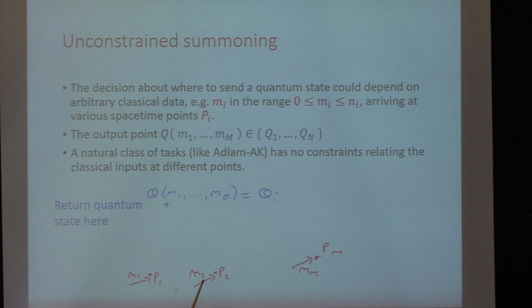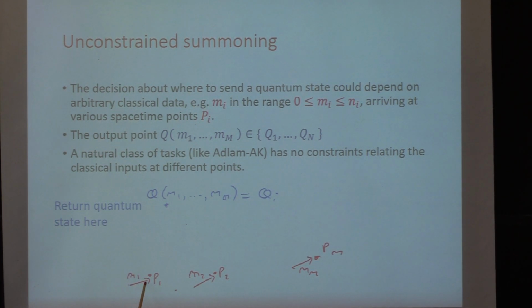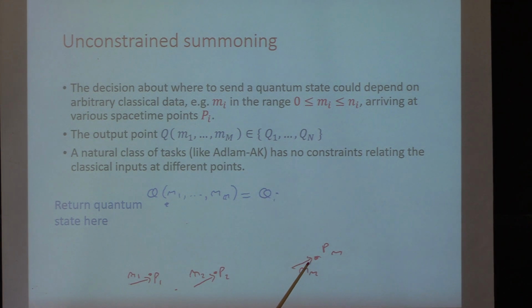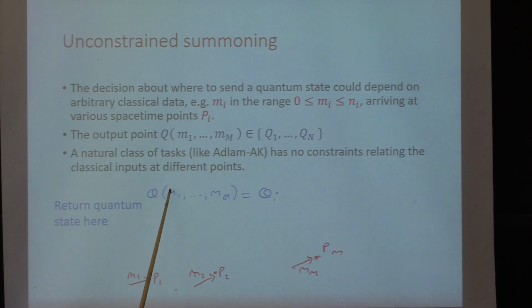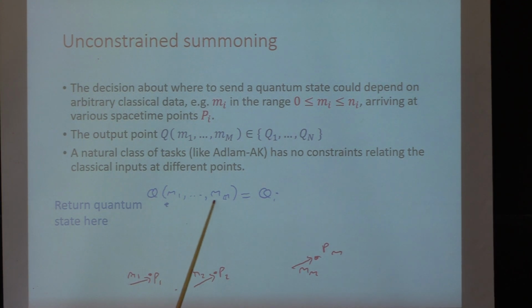And there's some joint function of all that classical information that determines a return point from some finite list. So here, Alice is going to get an integer here, and another integer here, another integer here. And she knows in advance, given all these integers, how to compute the value of the return point.